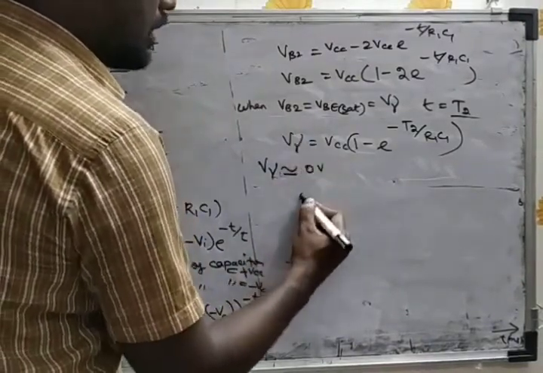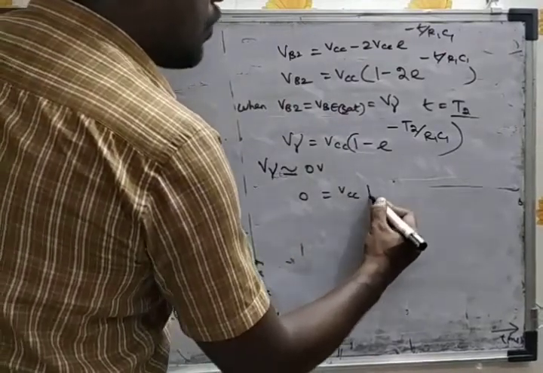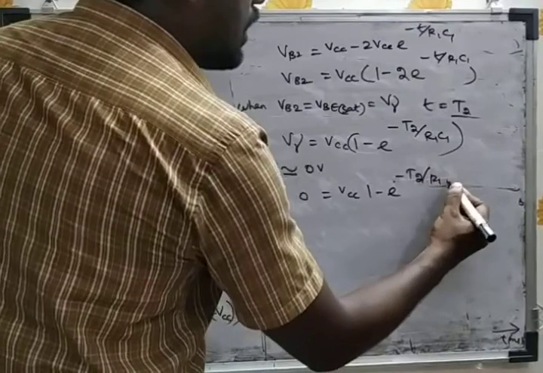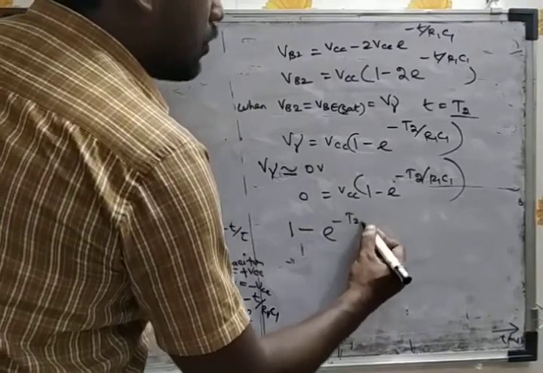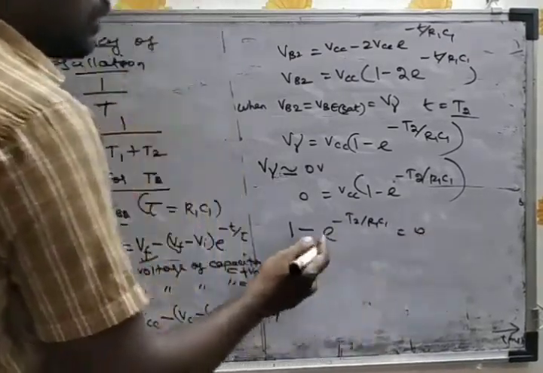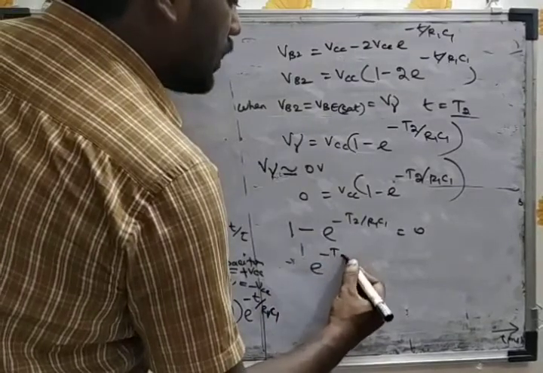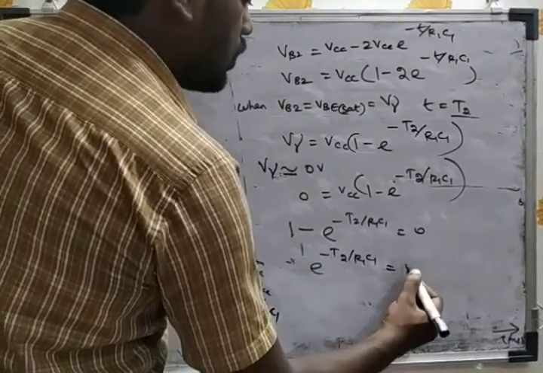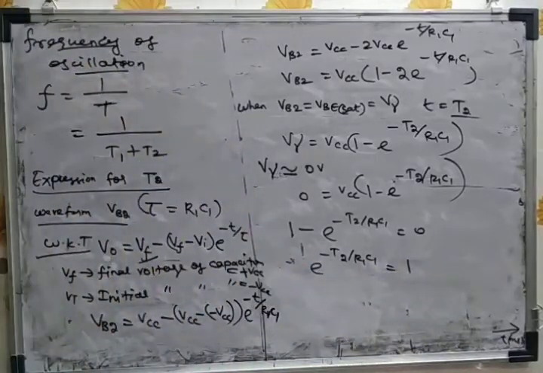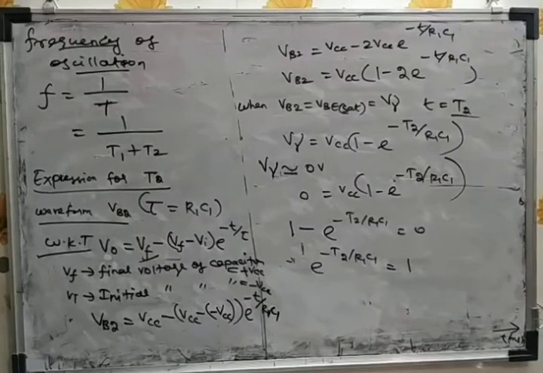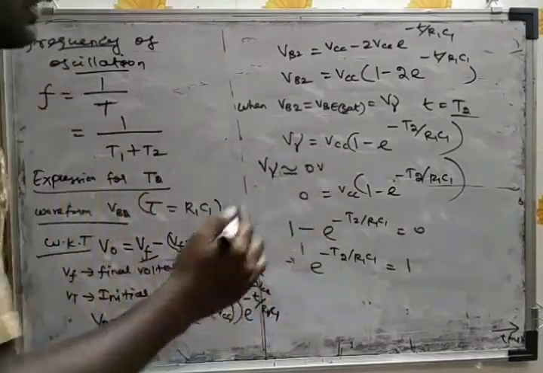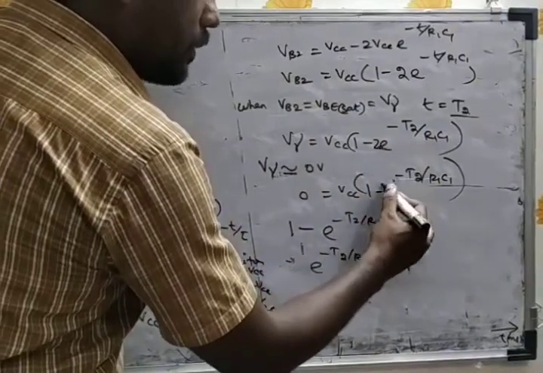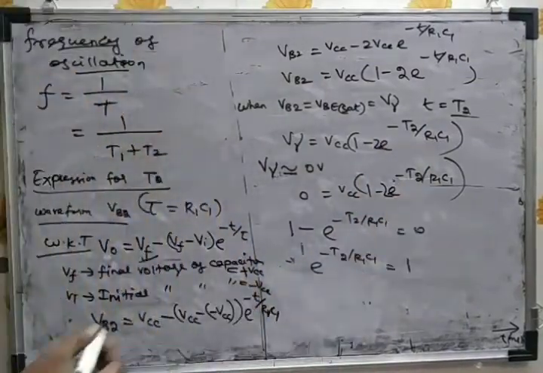So we can get 0 is equal to VCC into 1 minus e power minus T2 by R1 C1. Simplifying, actually here we have 2 e power minus T2 by R1 C1, here also we have 2.